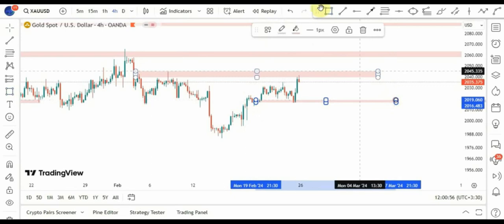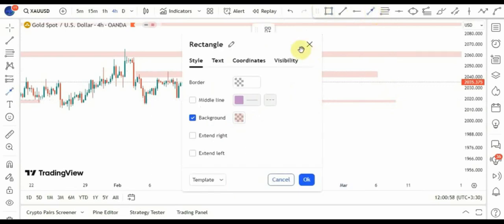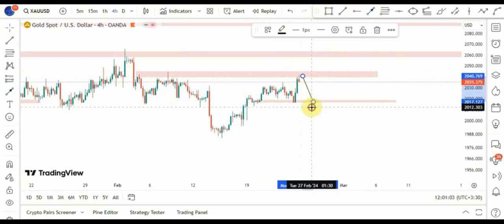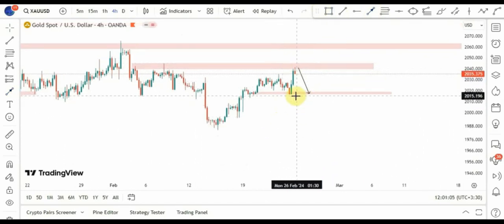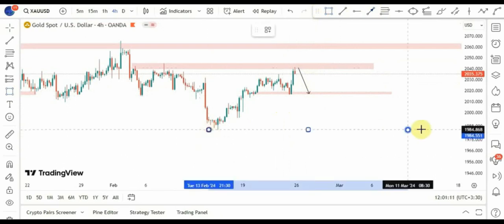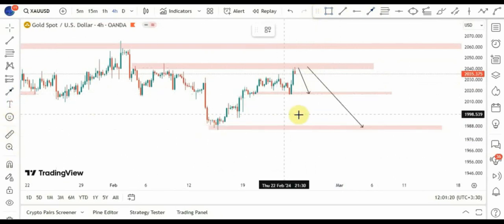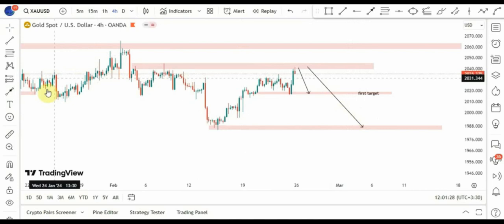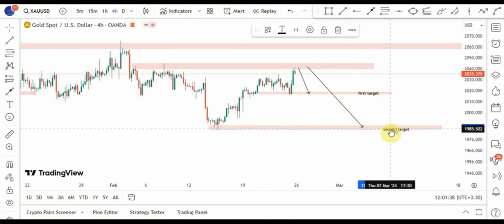It will retrace till here, and then if this zone breaks to the down, the second target for the price will be right here. This is the first target, and this is the second target, 1988.